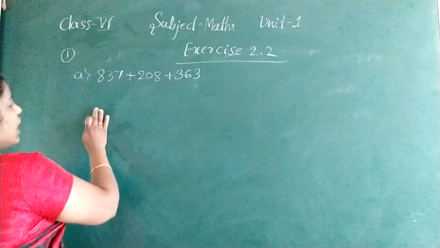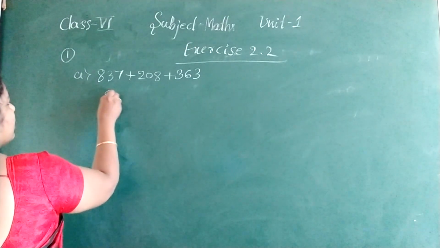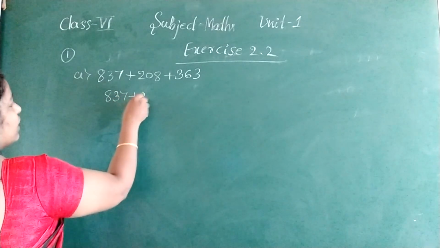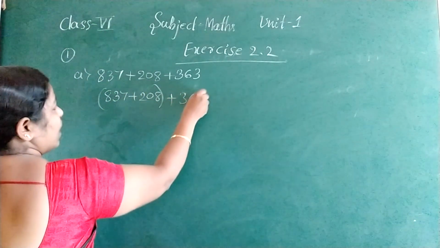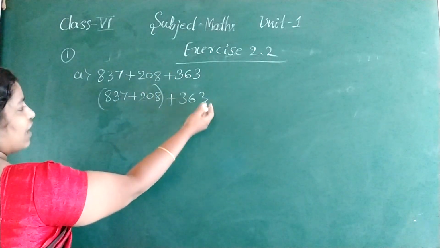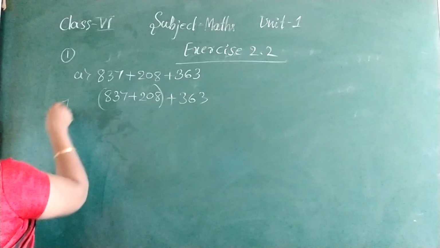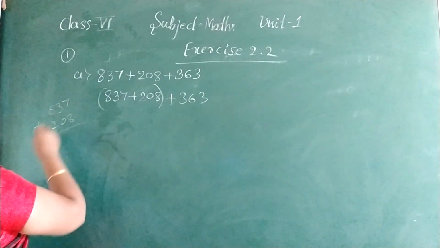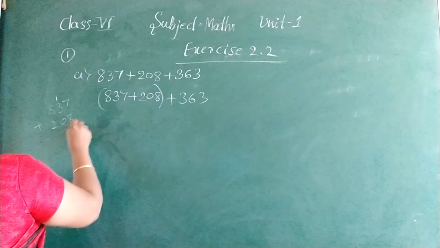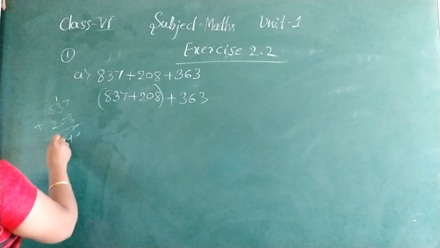We will use the associative property, grouping differently. I will group the first two and then add the third. 837 plus 208: 7 plus 8 is 15, 3 plus 1 is 4, 8 plus 2 is 10.